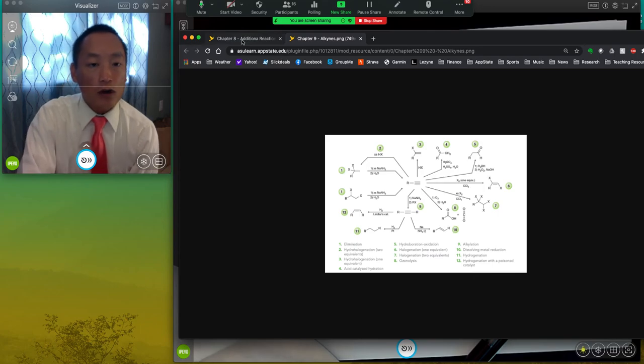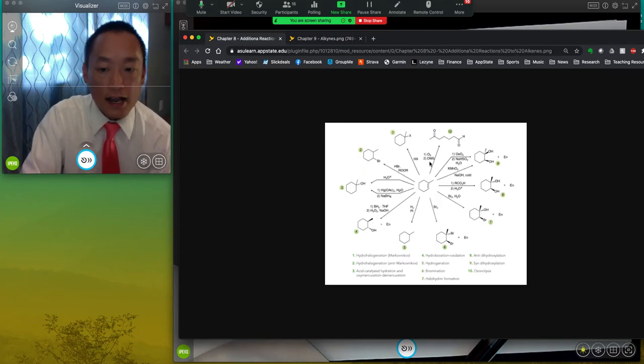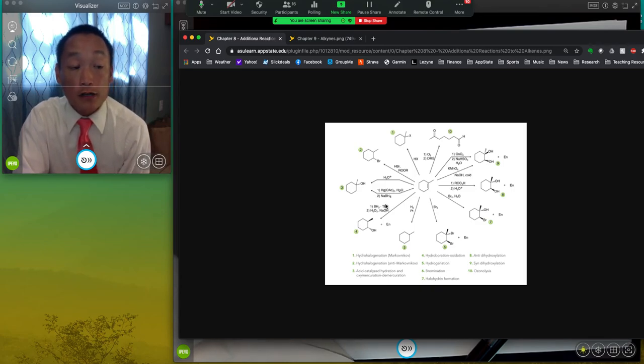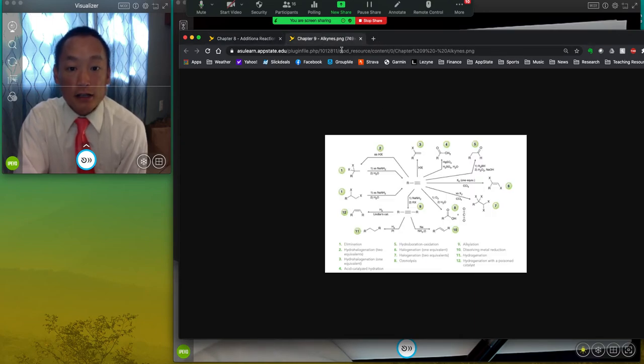And so what I'm trying to say is that we have a bunch of reactions that you have to memorize for the examination, but there is an immense amount of overlap. Here's one double bond reacting with one HX. If you understand that conceptually, it shouldn't be much harder than to say, hey, I've got two double bonds, and I can react it once, or I could react it twice.